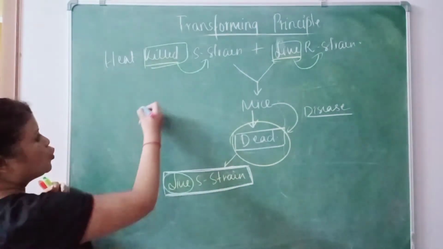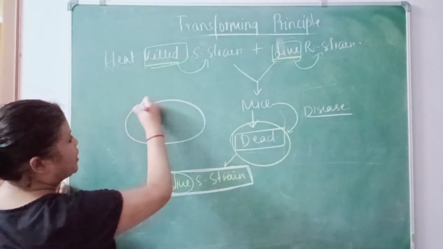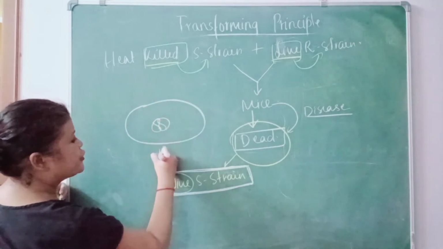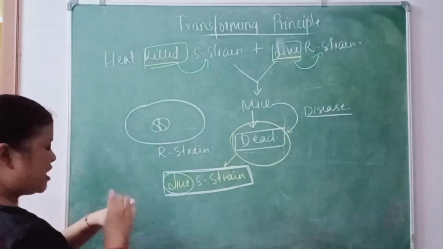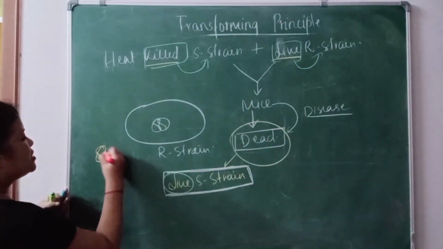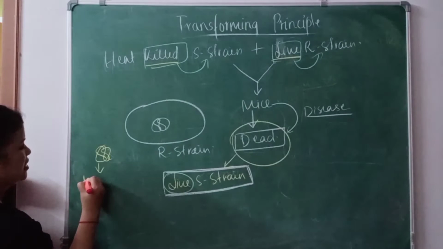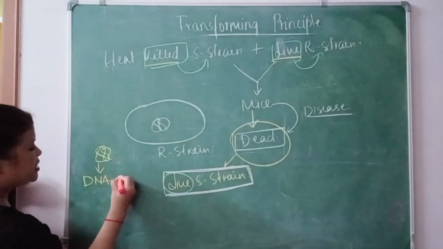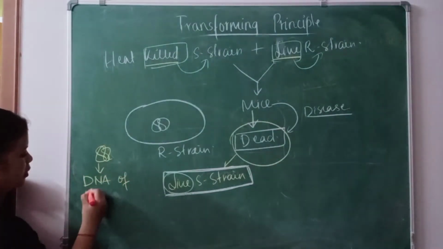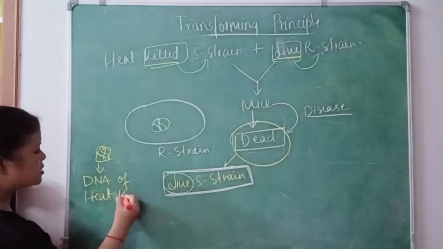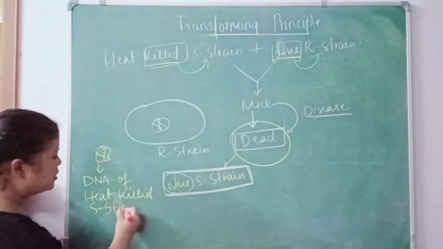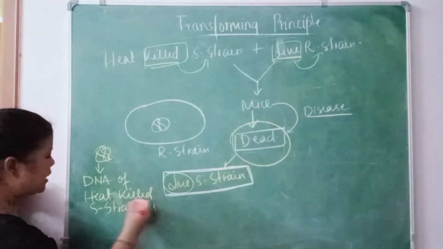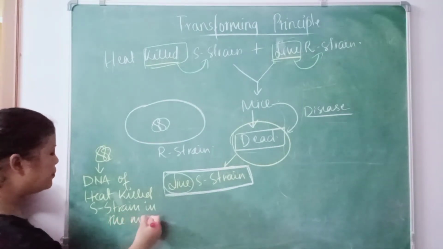Now, as I told you, transformation. This is the R strain bacteria. And this is the DNA. Let us see, this is the DNA of heat-killed S strain in the medium.